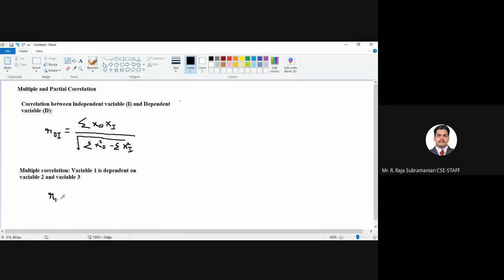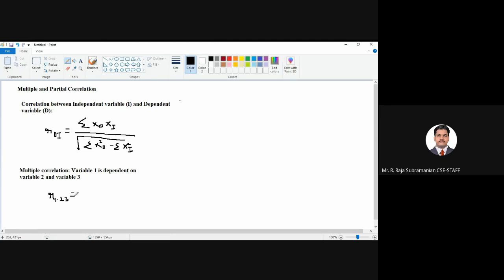If I represent 1.23, it means that there is a dependent variable 1 which is dependent on 2 and 3 independent variables. This is the correlation of 1 with respect to 2 and 3. So here also we have a formula, and based on that, we can estimate the correlation, that is, how one is going to depend on the other two items, right?